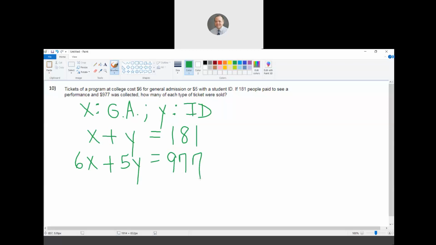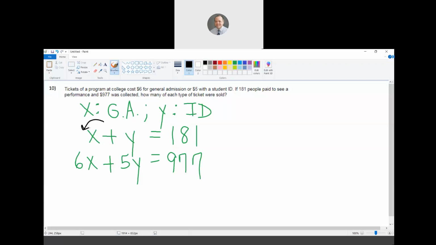We have our system ready to solve. I'm using the elimination method, and it does not matter which letter you choose to eliminate, it will be about the same amount of work. I'm eliminating the X's. To eliminate the X terms, our first X must have a -6 in front of it.